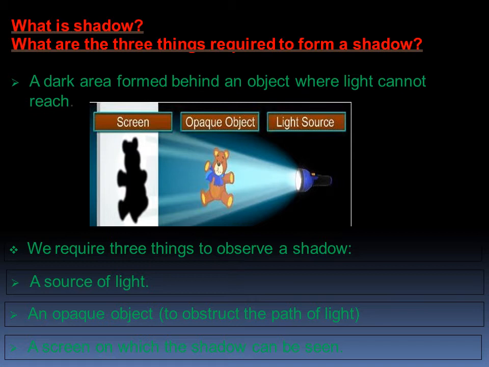For example, if there is light, but the wall is black in color, the shadow is not seen. That means it must not be black, it must be light colored. So we need three things to form a shadow: screen, opaque object, and source of light.